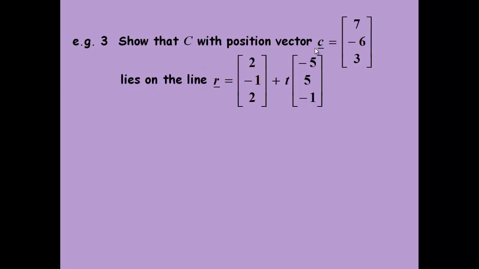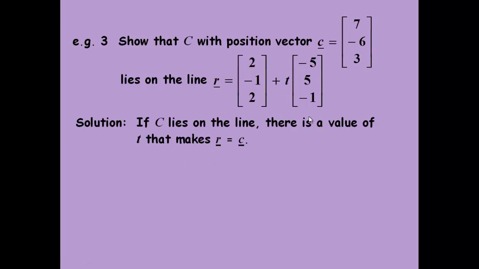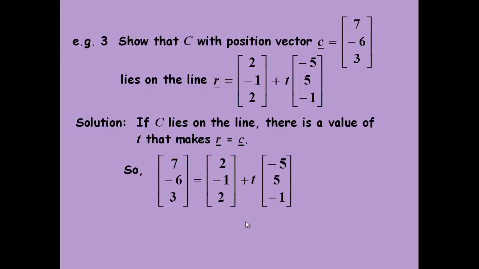To show that a point lies on a line, the first thing we do is we say, well, we have to have a value of t that will give us this x value. So to get 7 as our x value, we would need t to be -1.